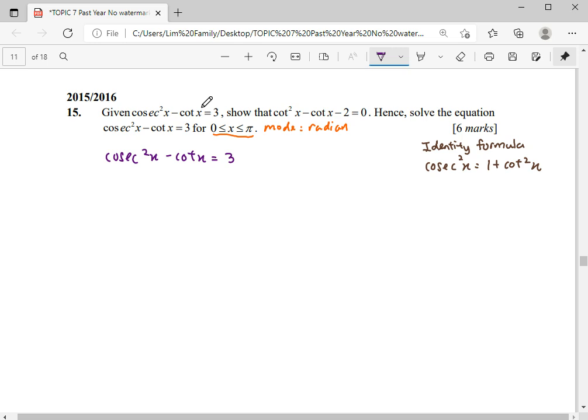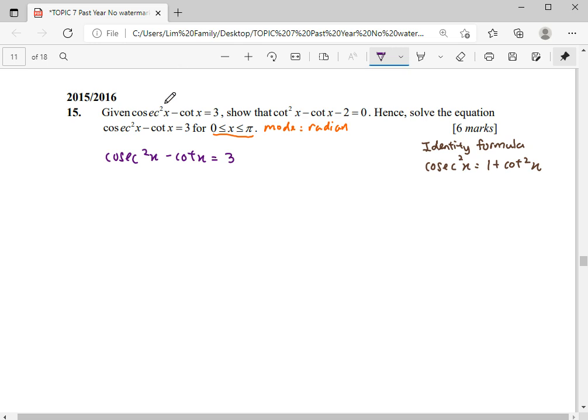We compare this question and answer to see the difference, then we can know what formula to use. Obviously cotangent didn't change, but cosecant squared disappeared and the answer has cotangent squared.